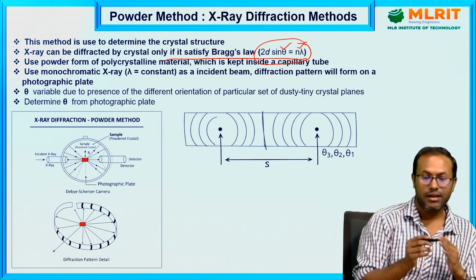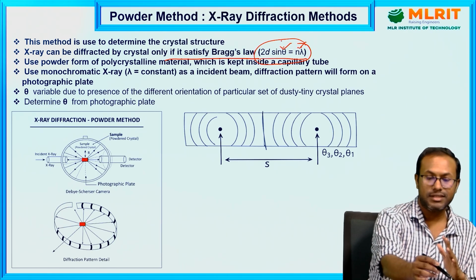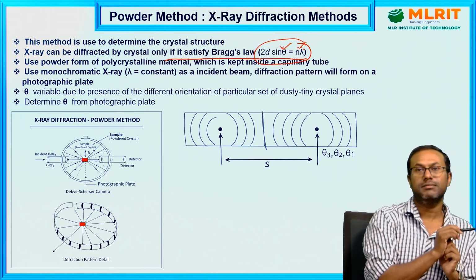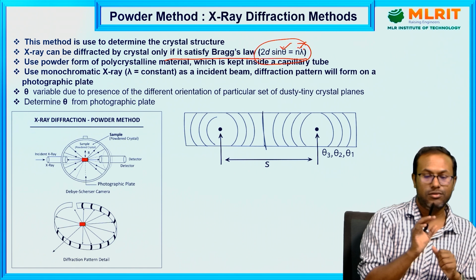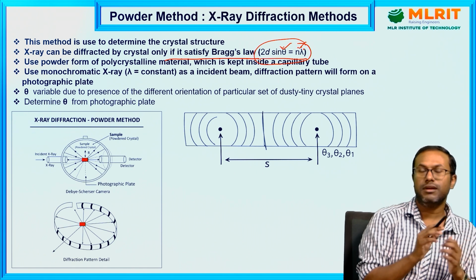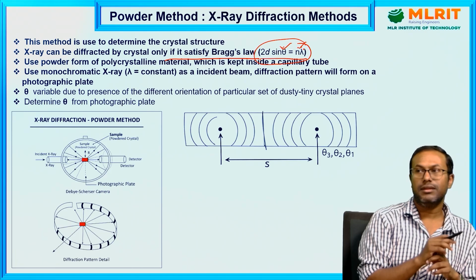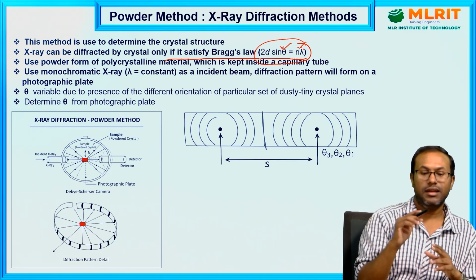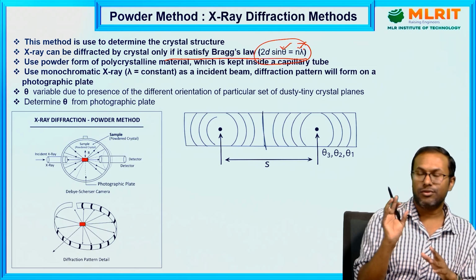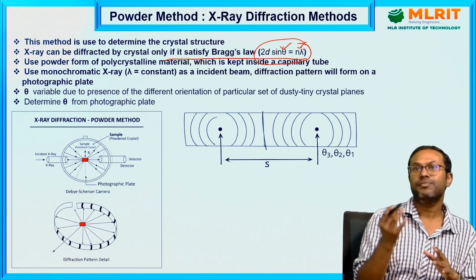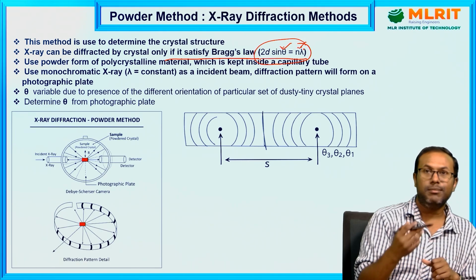We already know some methods to determine the crystal structure: Laue's method or the rotating crystal method. In Laue's method, lambda varies and theta is constant. In the rotating crystal method, theta varies and lambda is constant. We will come to that.